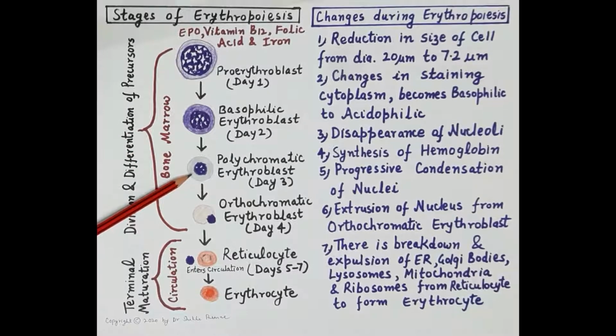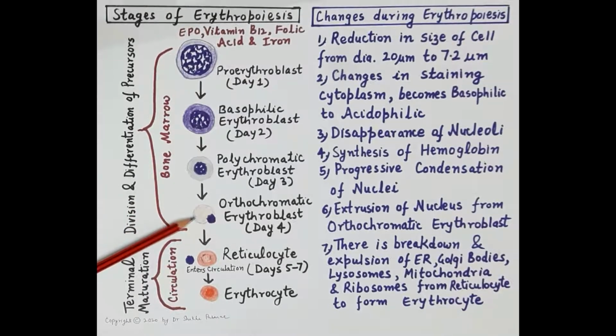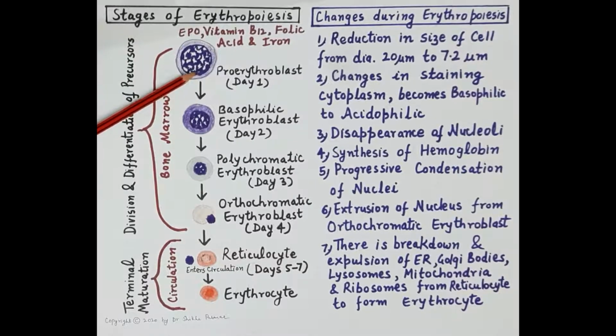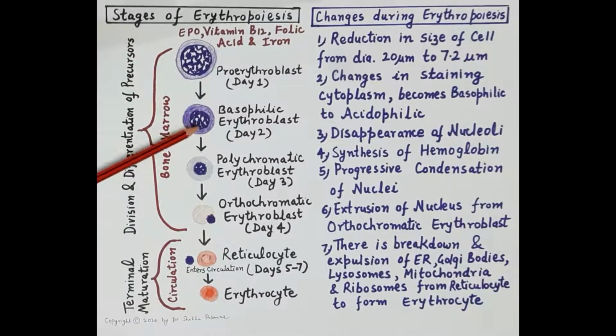Polychromatic cytoplasm is basophilic as well as acidophilic, and orthochromatic possesses acidophilic cytoplasm due to excess presence of hemoglobin in the cell. And there is a disappearance of nucleoli. The nucleoli are present in the proerythroblast, but when it transforms into the basophilic erythroblast, there is complete loss of the nucleoli.